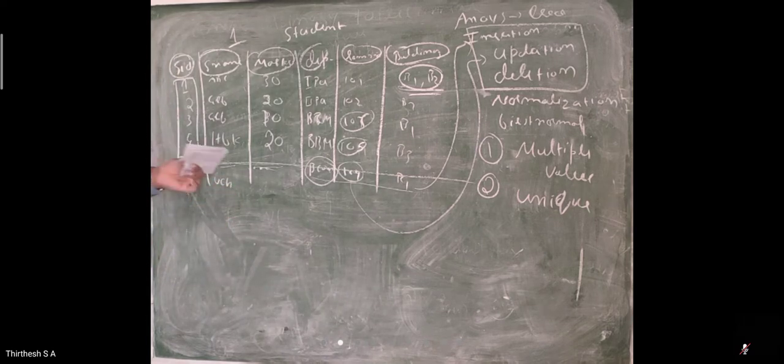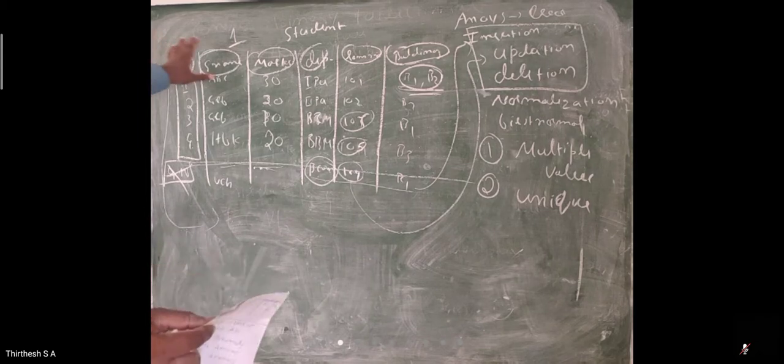The domain must be the same till the end of the record. If you say integer, then the domain must be integer itself. If you say varchar, then the domain must be varchar itself. It should not change. The fourth one is that order doesn't matter here.